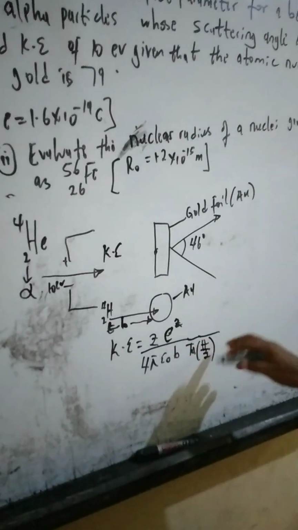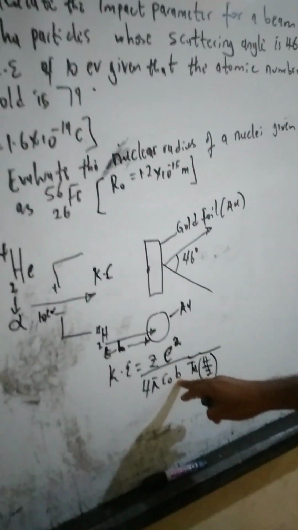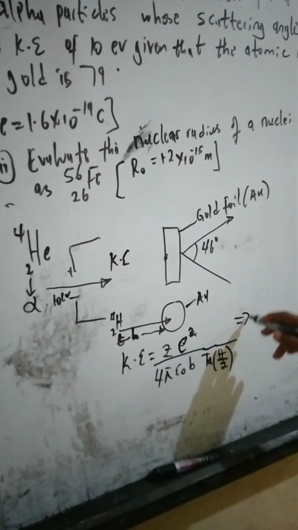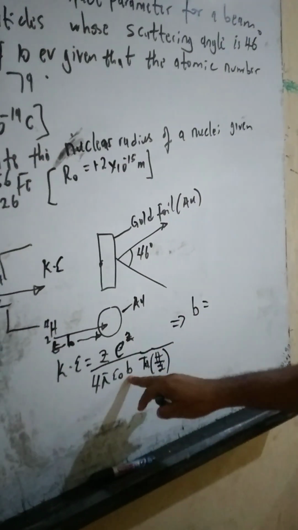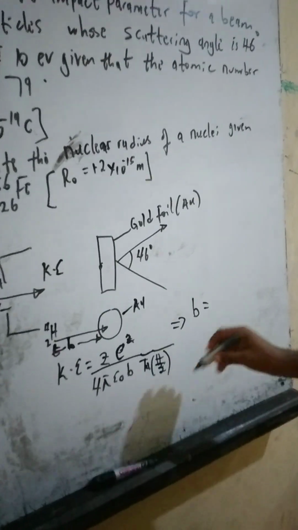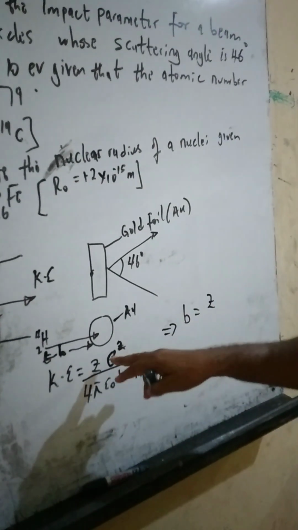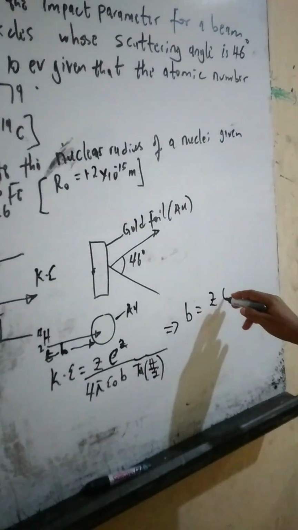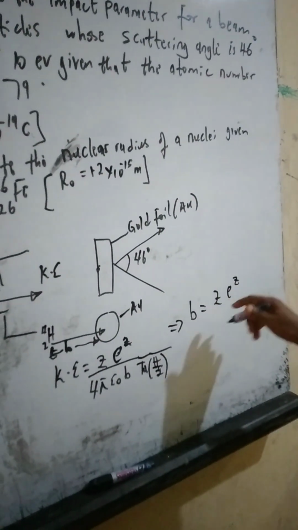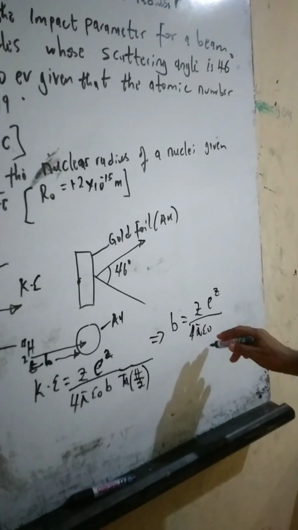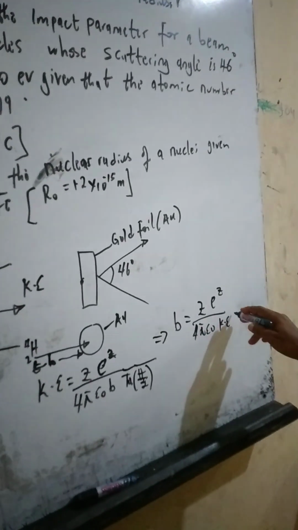If you want to get this impact parameter B, we make it the subject of the formula, and it is given as this. When we take this B, the kinetic energy comes down there. So we have the atomic number of the gold foil times the electrical charge squared, all over 4 pi epsilon naught, then the kinetic energy, then tan theta over 2.